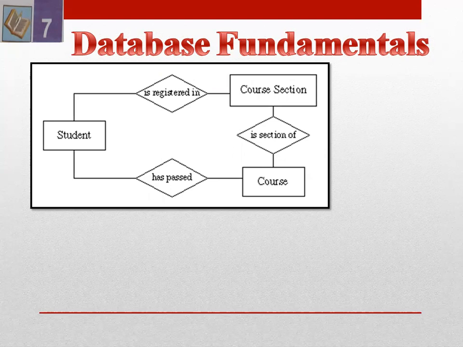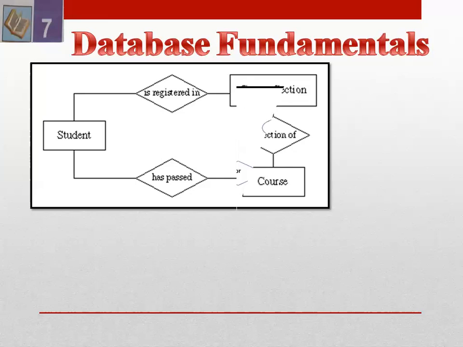Course is a section of course section, and student has past courses. The relationship between the student and course is student has past courses. So this is an ER diagram of student management system.